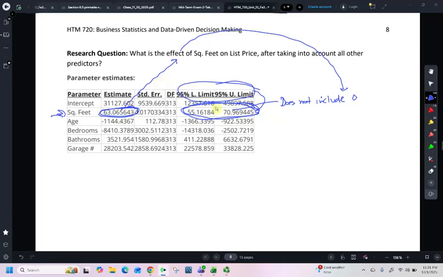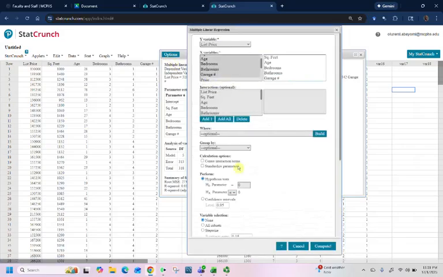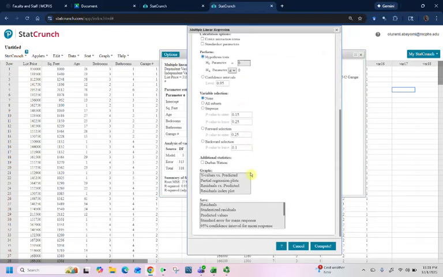And how do we output these pieces? If you go back to StatCrunch, you will notice that by default it does not output it. But if we go back to edit and we scroll down here and we choose the 95% confidence interval for the mean response, we'll be able to get each of these values here. So let's see. We have quite a number of them here.